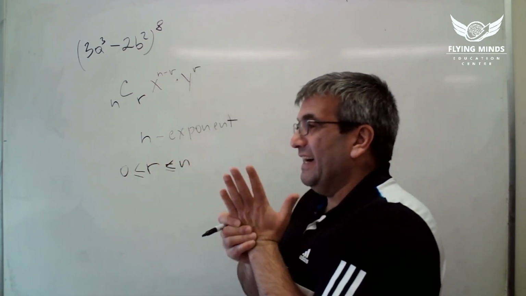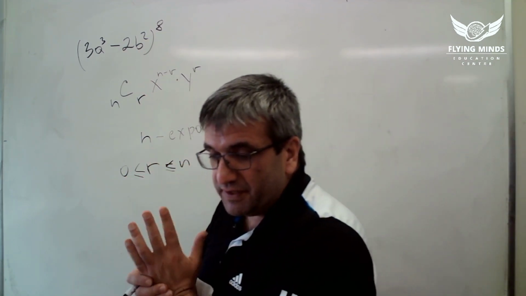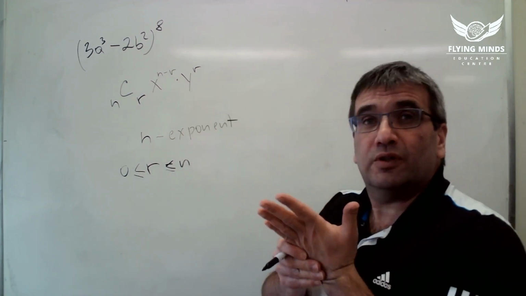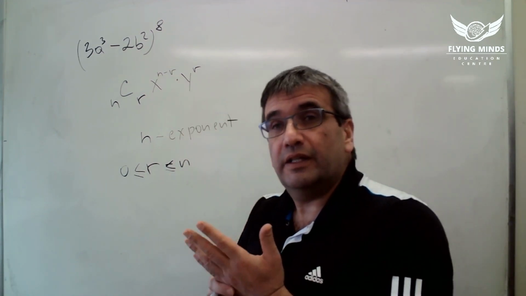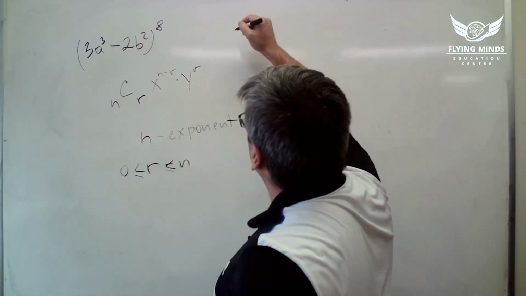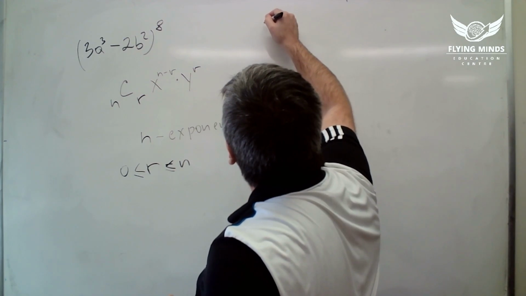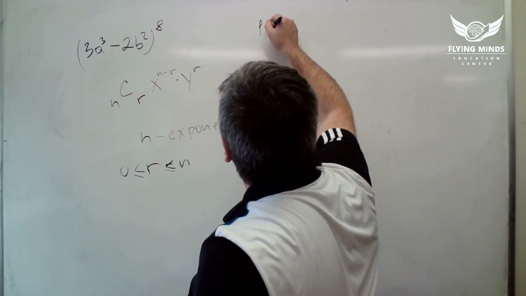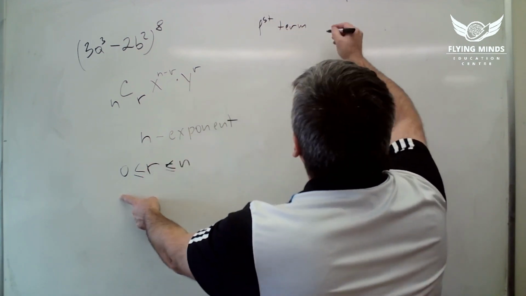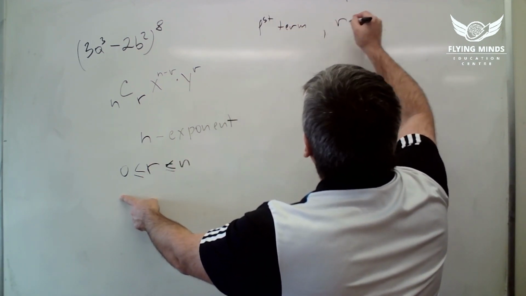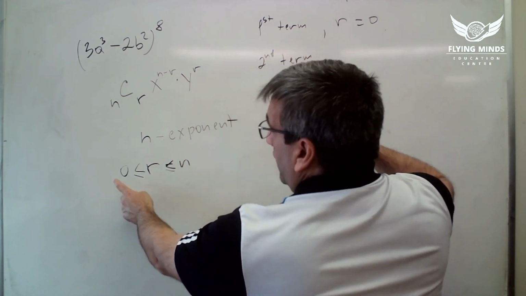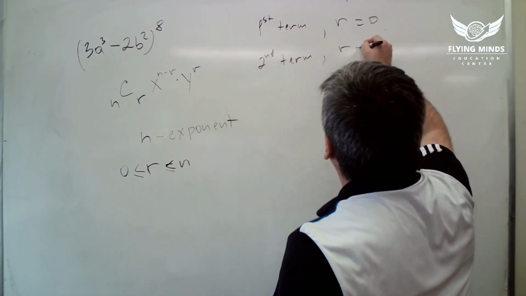So if we ask for the fifth term, then it means that r must be equal to... the term starts with 0. The first term, r equals 0. The second term, r equals 1.